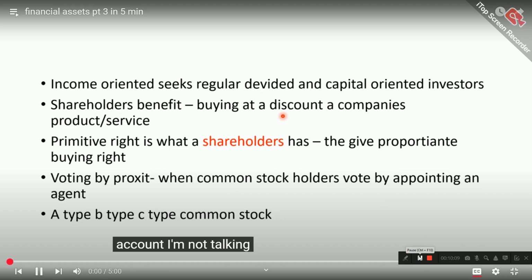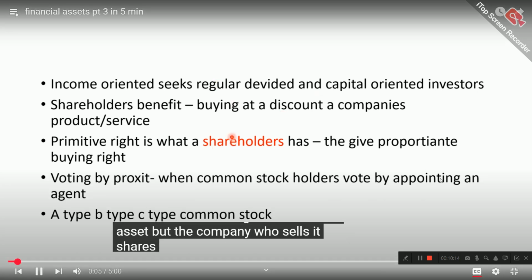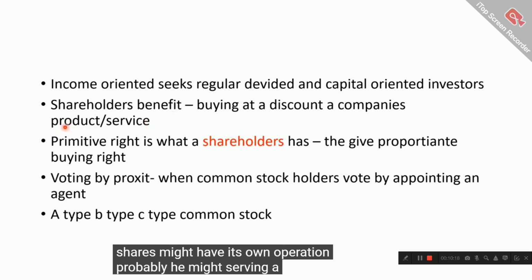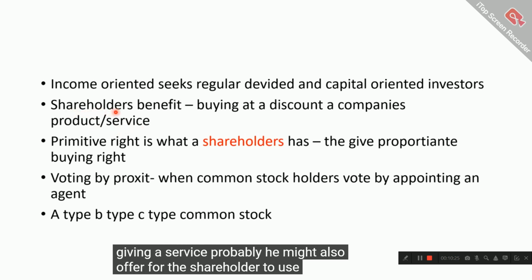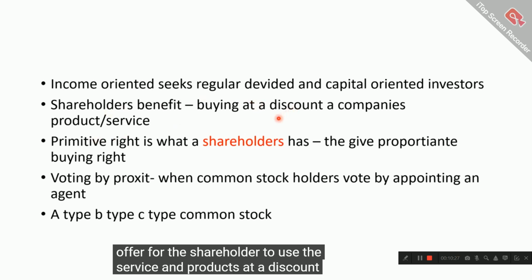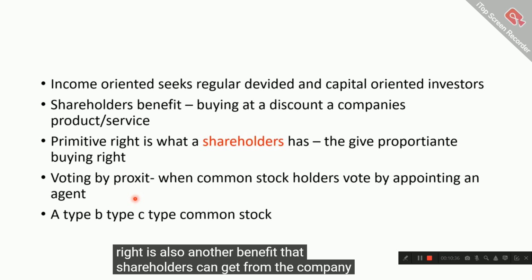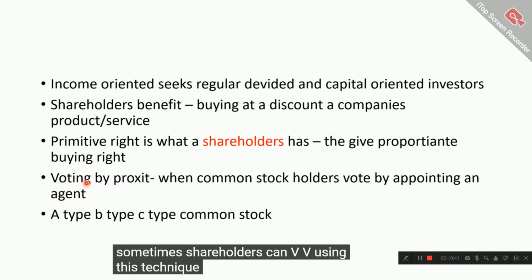It might be selling a product or giving a service, and it might also offer shareholders the chance to use these services and products at a discount compared to what other people pay. Voting right is another benefit that shareholders get from the company. Sometimes shareholders can vote by proxy, which means a common stockholder votes by appointing an agent rather than voting directly.